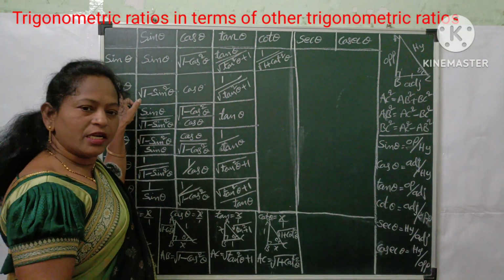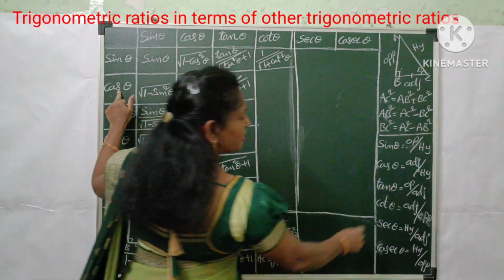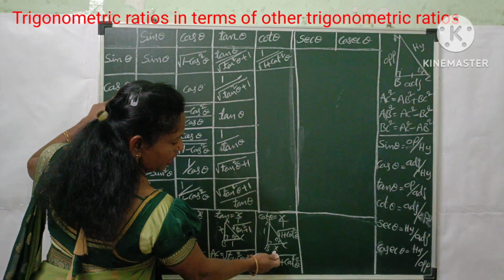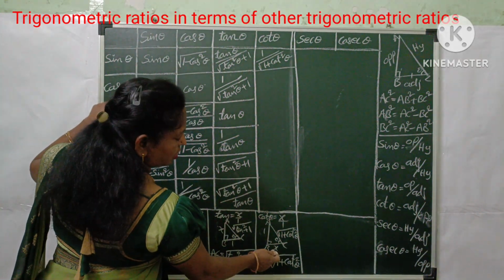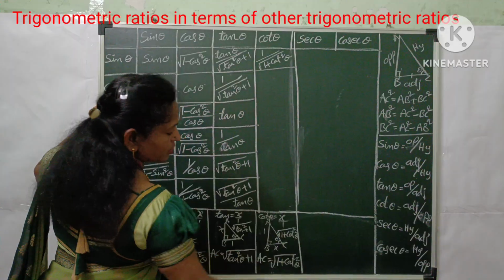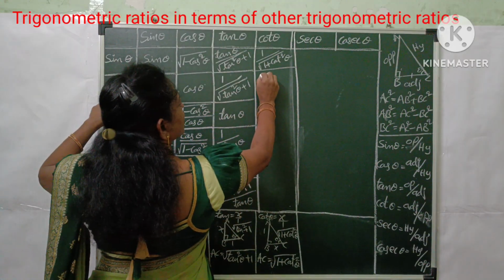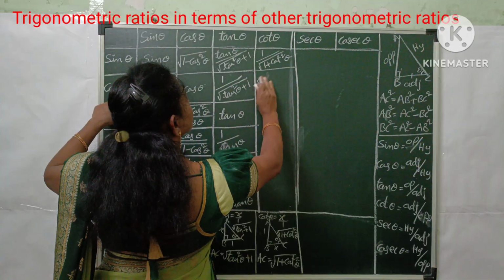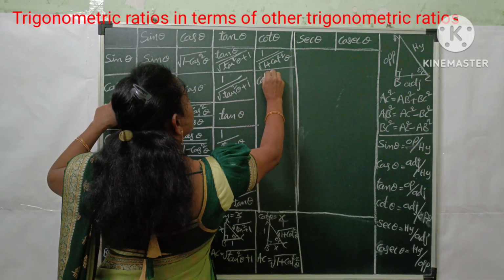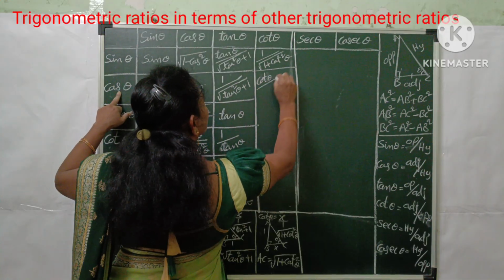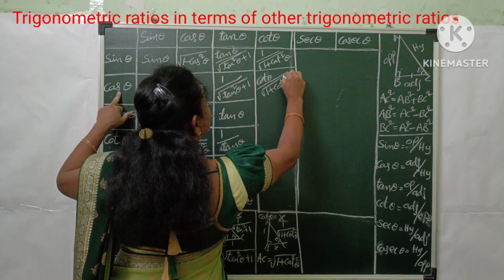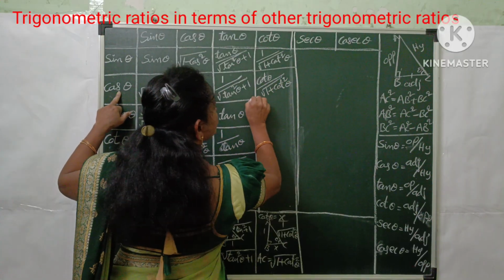Next, cos theta. Cos theta ratio is adjacent by hypotenuse. Here adjacent is x, x means cot theta. Cot theta by square root of 1 plus cot square theta. So that cot theta by square root of 1 plus cot square theta.